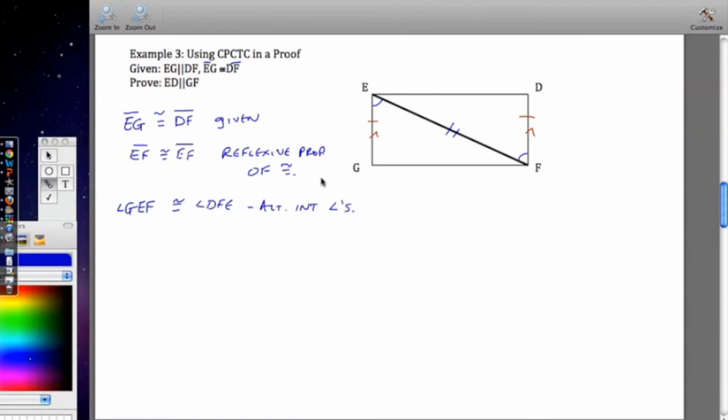And so because they're alternate interior angles, what we can say is that triangle EGF is congruent to triangle FDE. Okay? So that's what we've got so far. Because we can say side, angle, side. So this is by side, angle, side.